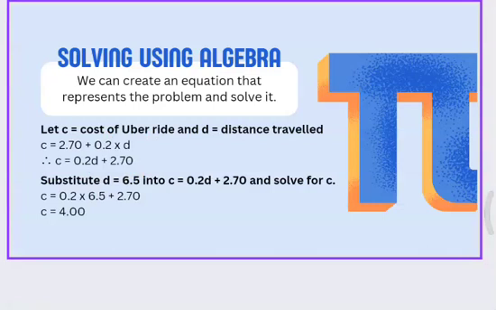Now C, which is the cost of the Uber ride, equals 0.2D plus 2.70.